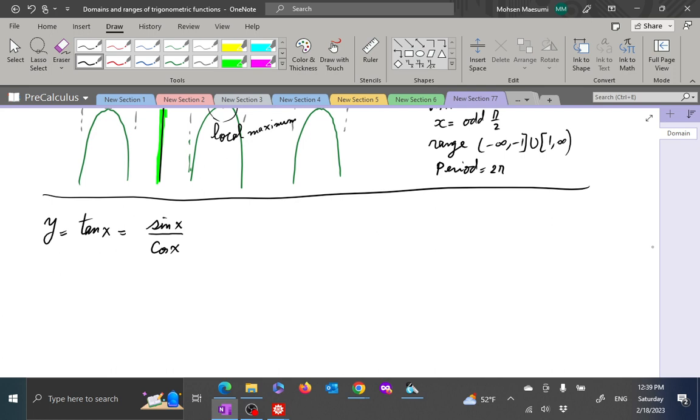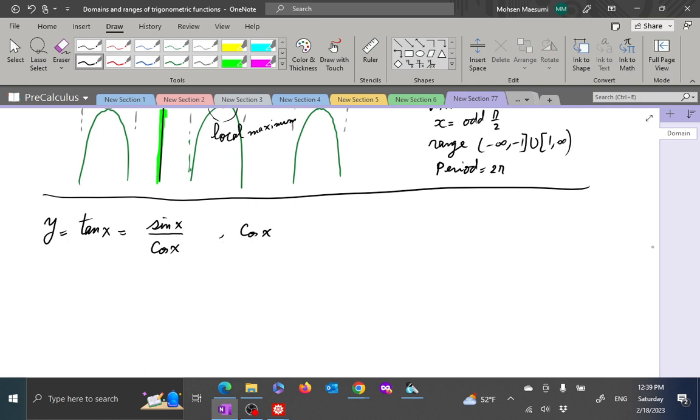So where does tangent get its trouble spots from? Tangent is going to get its trouble spots from trouble spots of cosine. That is, wherever cosine is 0, tangent is going to have issues with being undefined. It's going to go to infinity.